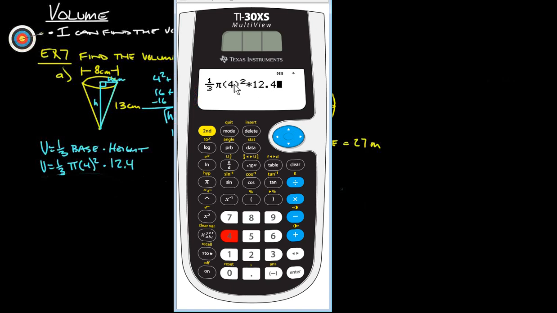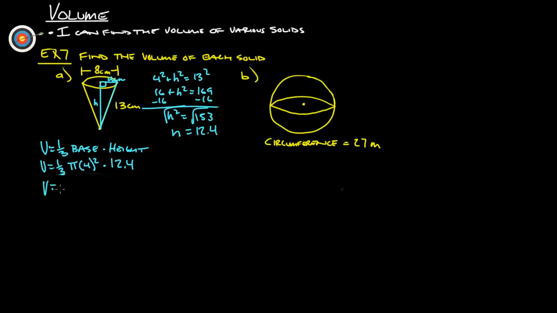Officially, you don't have to put the 4 in parentheses here, but we did it anyway just to make it look just like that. Push enter, and we get 207.8. So volume equals 207.8, and this is centimeters cubed, since we're talking about volume.